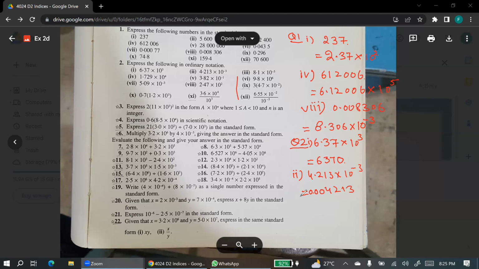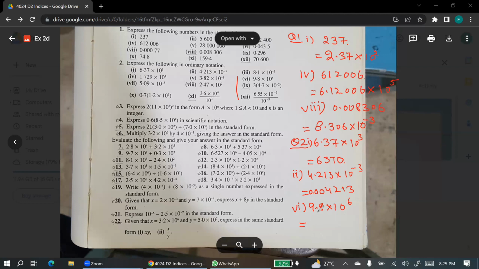Now, part number 6. 9.8 into 10 power 6. In the ordinary form, the new number will be greater than 9.8 or smaller than 9.8? It's positive, so greater than 9.8. Yes. When we multiply 9.8 with a million, it will become a greater number.